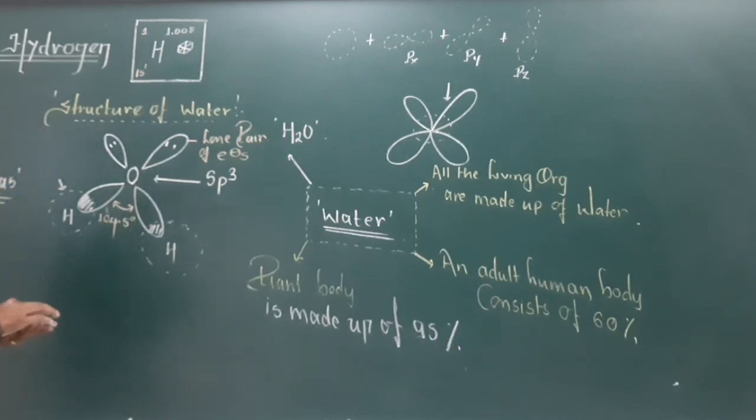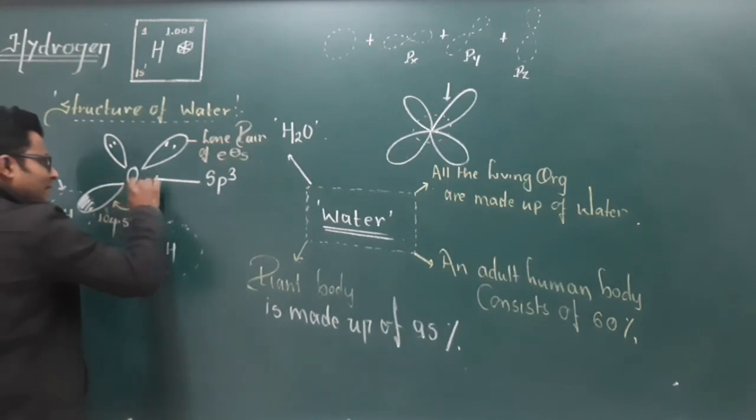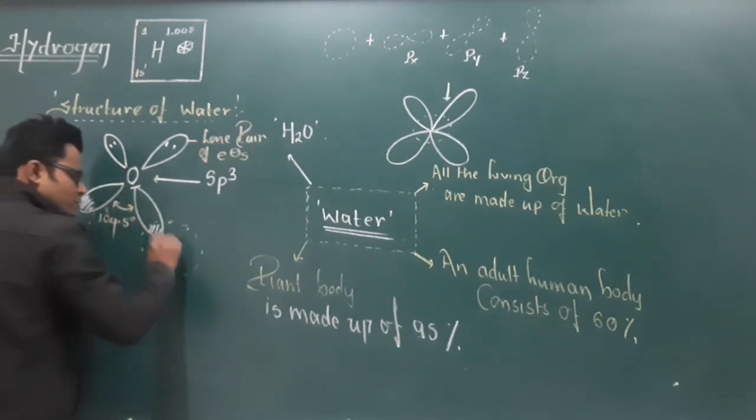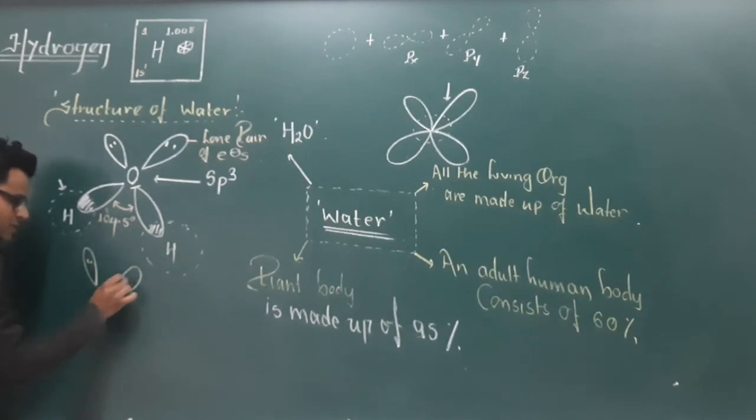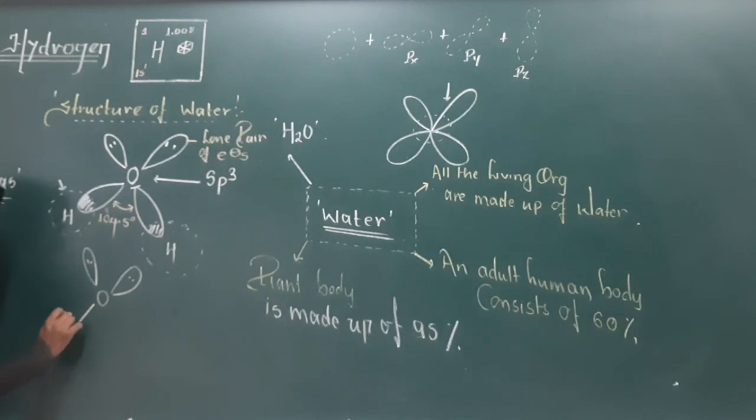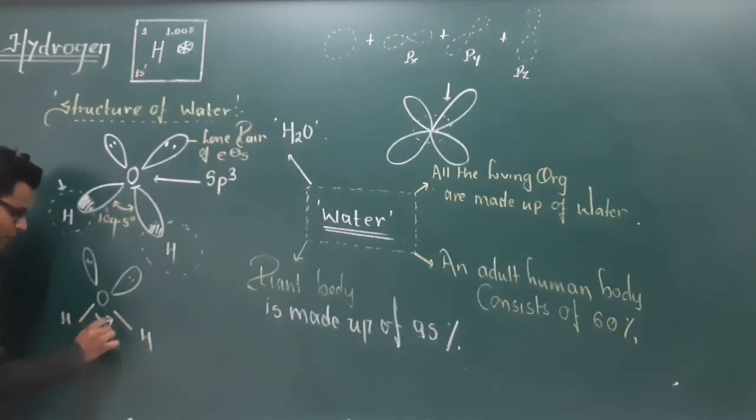Now taking a look at the length from oxygen to hydrogen. If we represent this as oxygen, lone pair of electrons, hydrogen here, and of course what we know is this particular angle is 104.5 degrees.